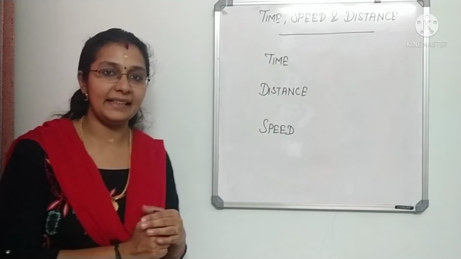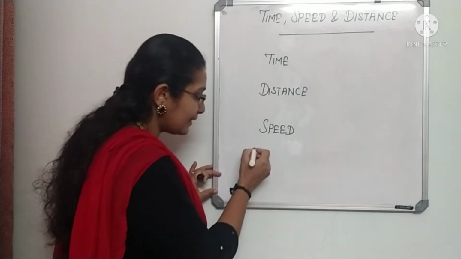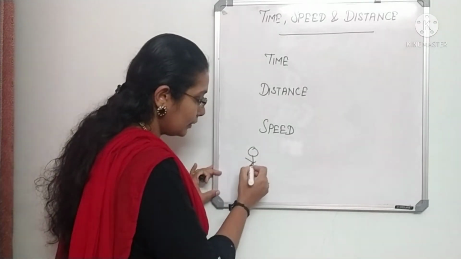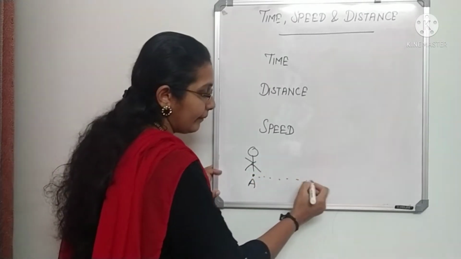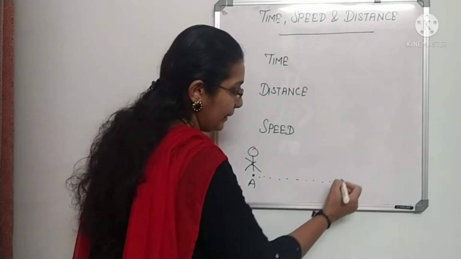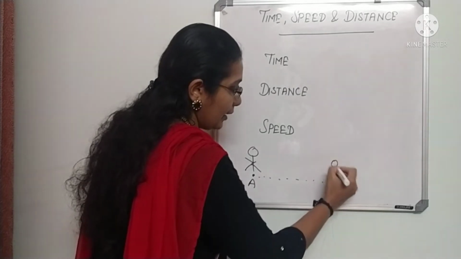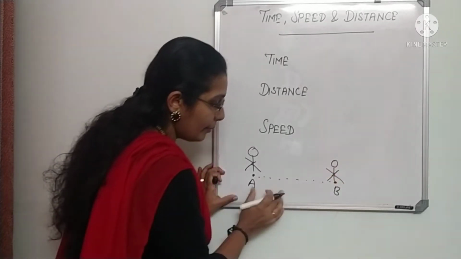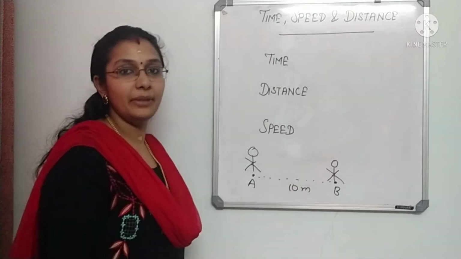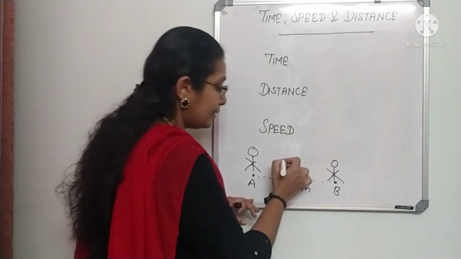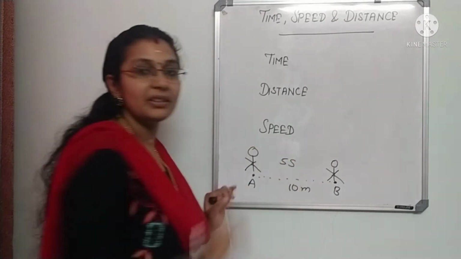For that, let's see an example. Let us consider a person at a point A, and he is walking and reaches a point B. How much did he cover? Let us consider it to be 10 meters, and he takes 5 seconds to cover this distance.